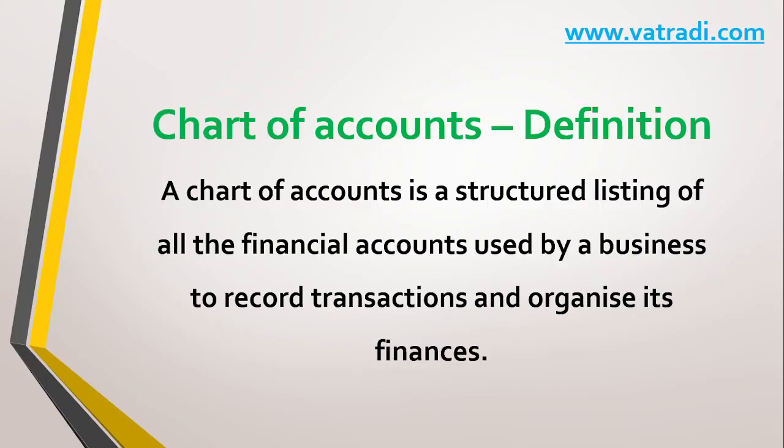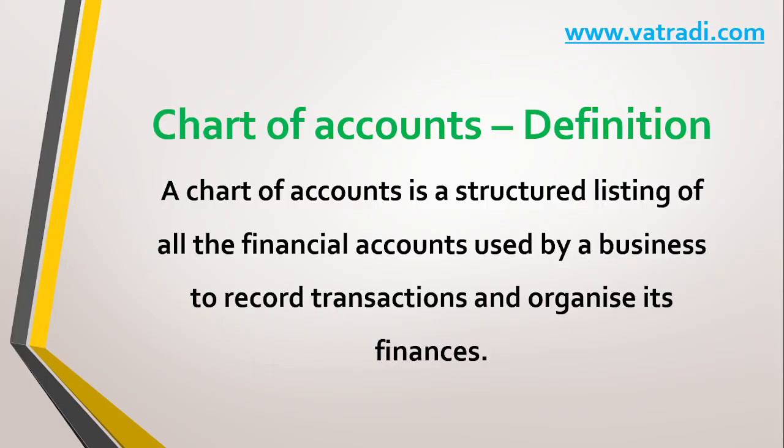However, a chart of accounts becomes an essential tool inside the accounting software because there are two documents, part of the financial statements, that are directly linked to the chart of accounts: the balance sheet and the income expenditure.